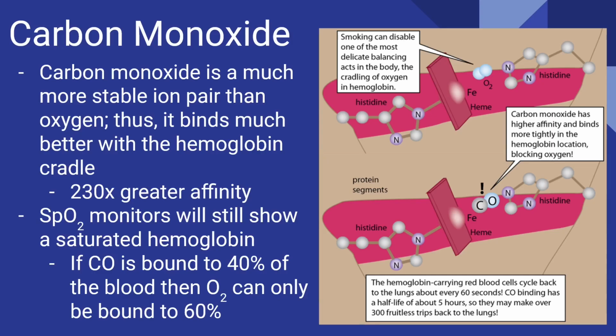And so this carbon monoxide is going to stay bound to hemoglobin, preventing hemoglobin from binding with oxygen and getting it to the tissues. So if, let's say, 40% of our blood is bound to carbon monoxide, then we're only receiving 60% of our normal expected oxygen.